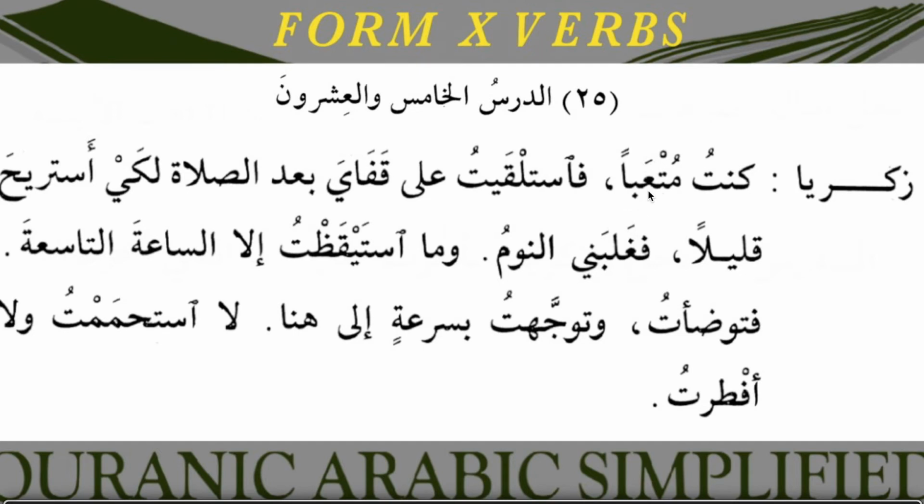So to be tired. So I was really tired. Fastalqaitu. What is fastalqaitu? See, this fa is for cause, from what came before. So what has been mentioned before? Because I was tired, therefore istalqaitu. Istalqa is to recline. So I reclined or I lied down.